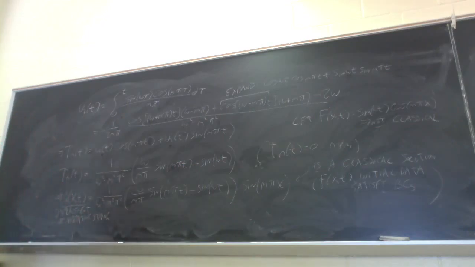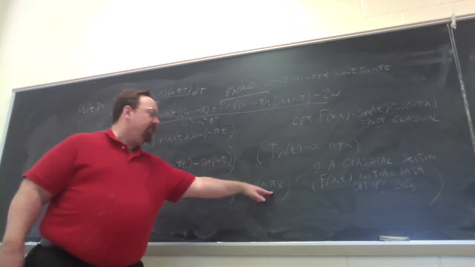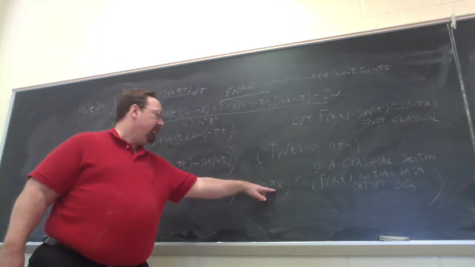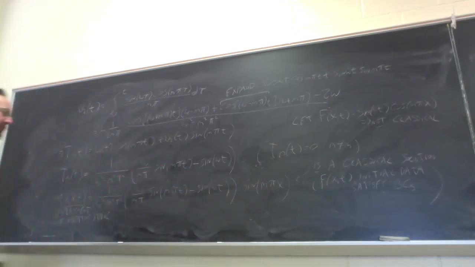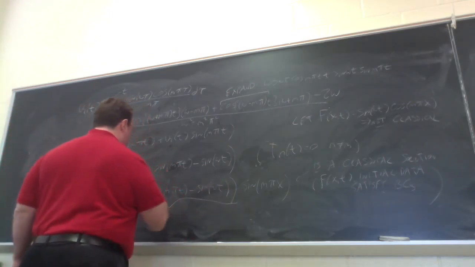In this case, because of the source term that's sine omega t sine m pi x, the displacement is operating at this fixed frequency, m. And what we have here is the amplitude.